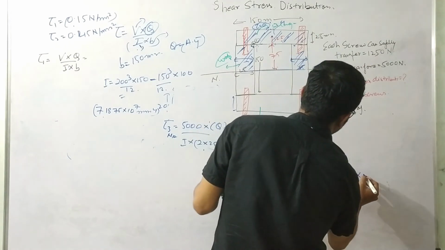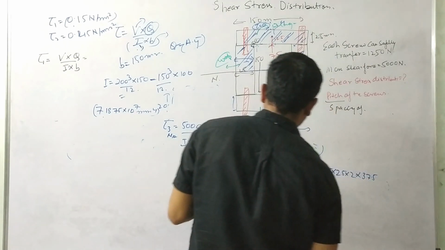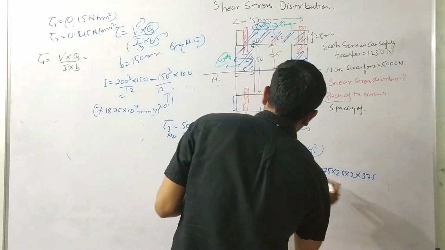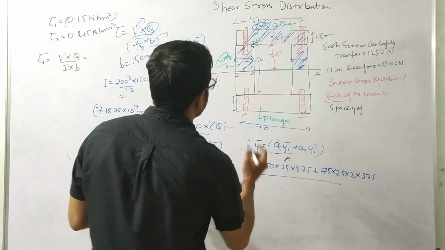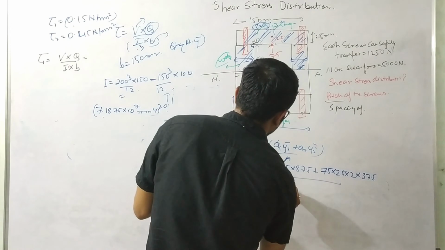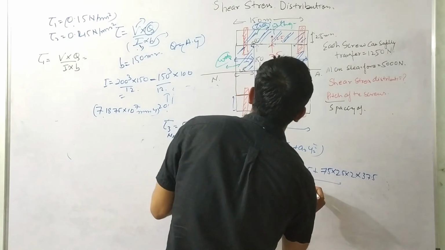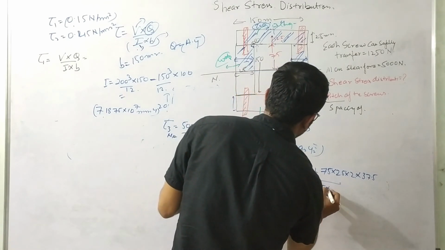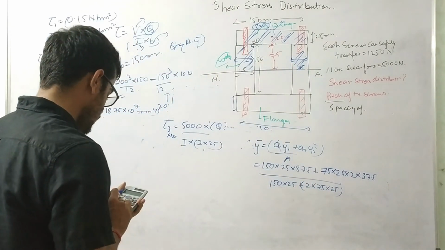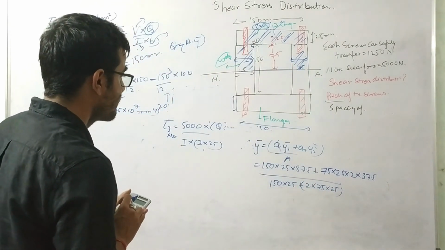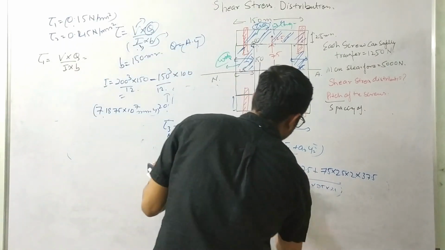The y bar of this area is 37.5. I need the direct term now, A y bar, so I don't need to divide.